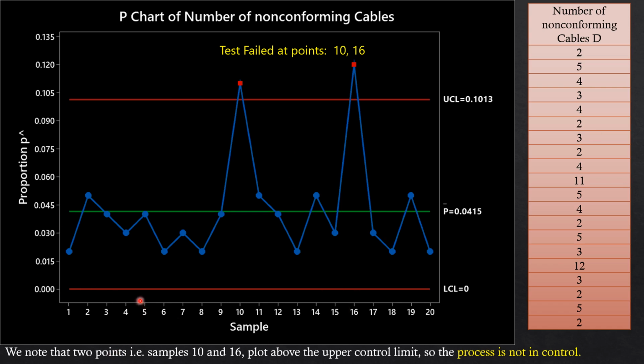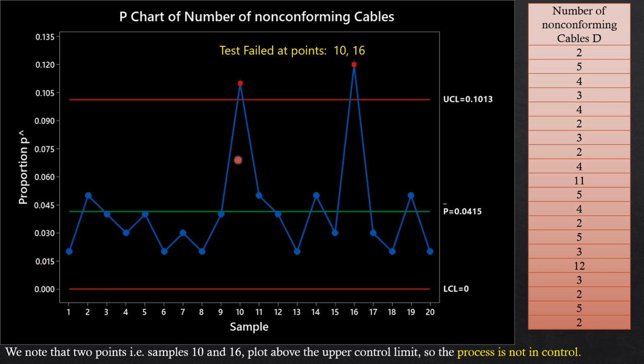And this is the lower control limit, that is 0. The upper control limit is this one, 0.1013, and P bar is equal to 0.0415. Here the total 20 samples are on the x-axis, and the proportion, that is P cap, is on the y-axis.